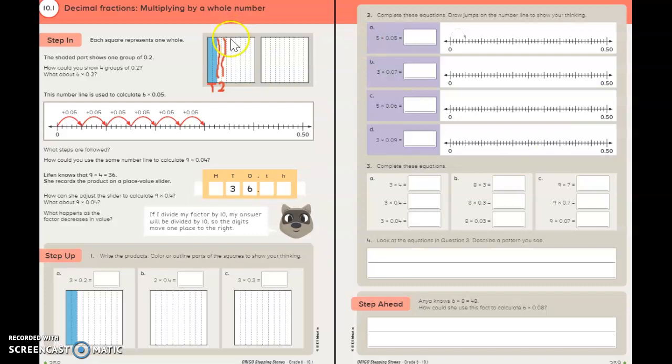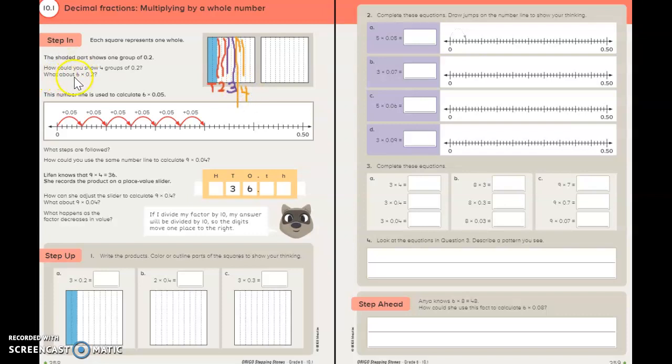Here's my third group of 2/10. And I'll change the color one more time. And here's my fourth group of 2/10. Okay, so that's how I represented it.